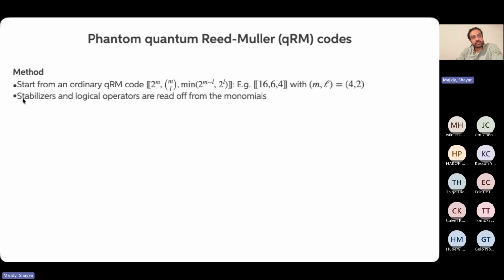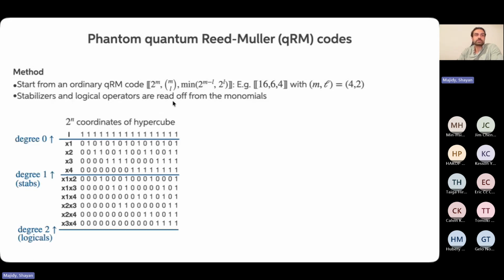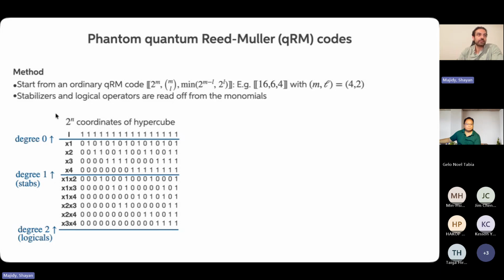Then we can list off its stabilizers and logical operators using monomials. If you haven't seen monomials before, you can skip over this next minute. We have degree 0, degree 1, and degree 2 monomials. Degree 1 and higher are stabilizers, and those between 2 and 1 are logical operators.